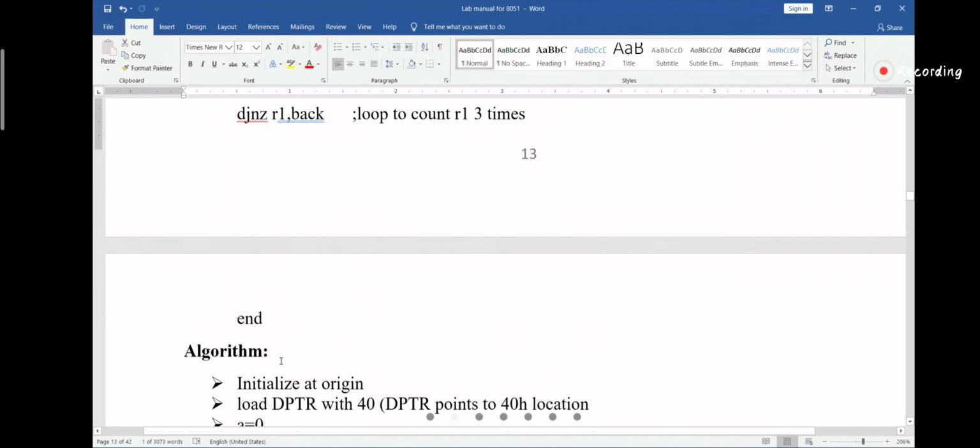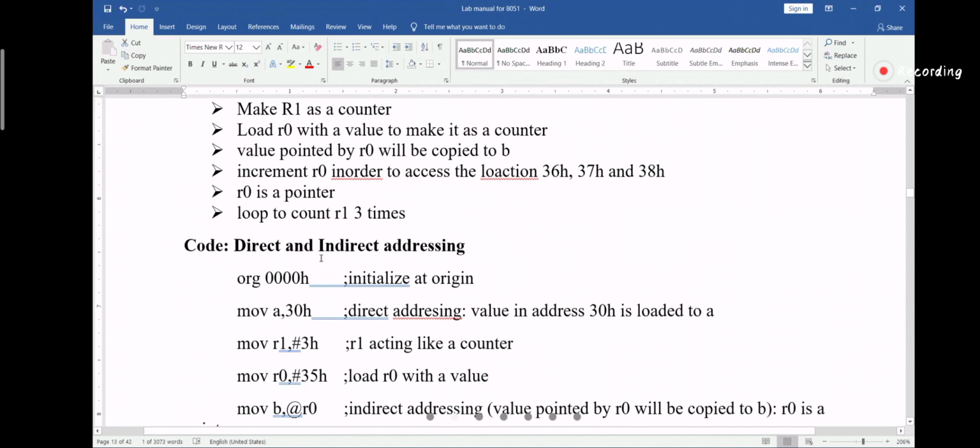So let's look at this program. I'll copy this program.